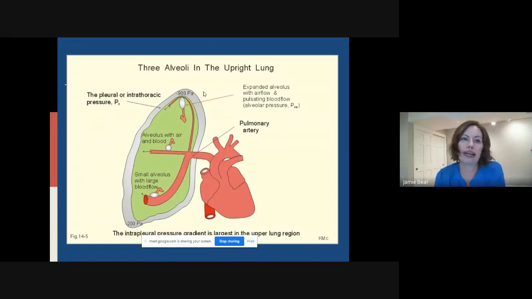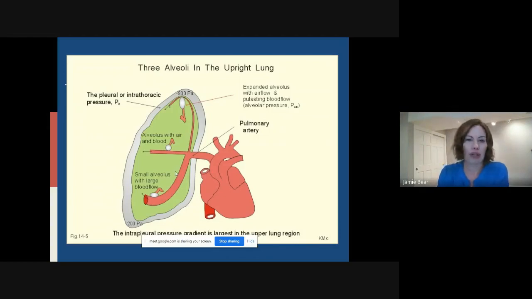So we have to kind of think about our respiratory system or our lungs in different zones. And so we are really taking an average snapshot of the whole lungs themselves. So I mentioned before that our minute ventilation, excuse me, is approximately 4 liters per minute, and our cardiac output is 5 liters per minute.